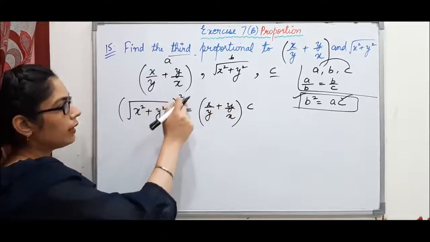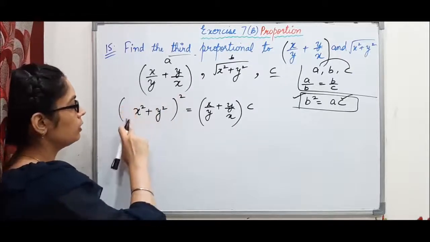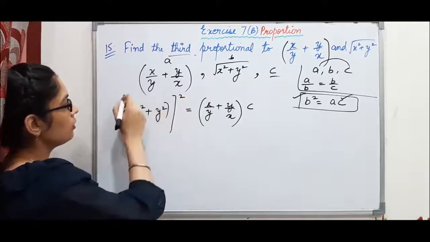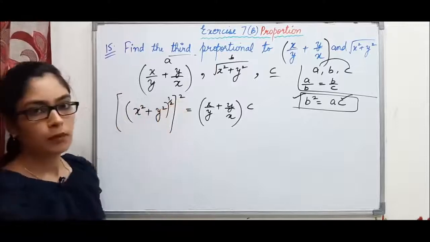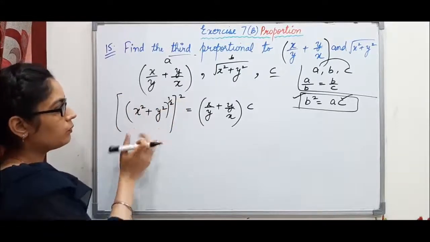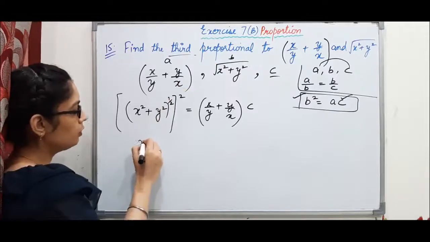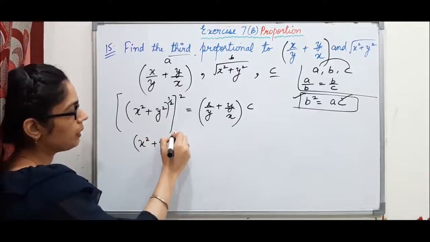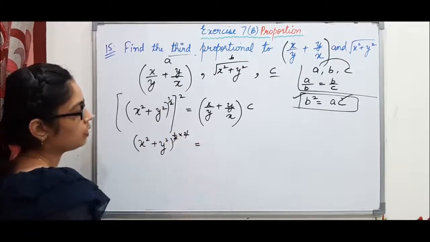This square root and this 2 will get cancelled, because square root means the power of the term is 1 by 2. So now 2 powers are there, and we multiply these 2 powers to make it a single power. So 1 by 2 into 2, 2 and 2 get cancelled.